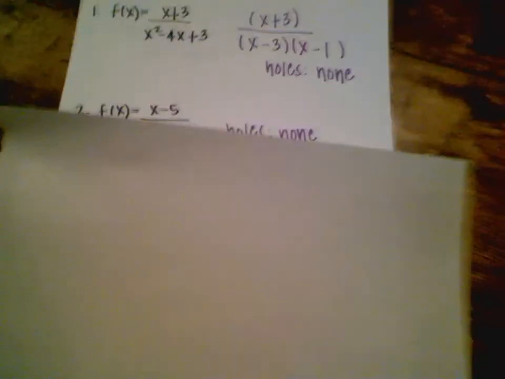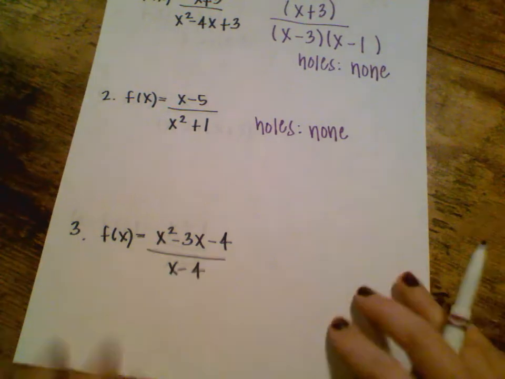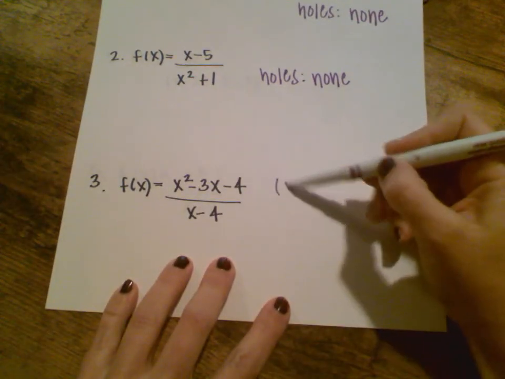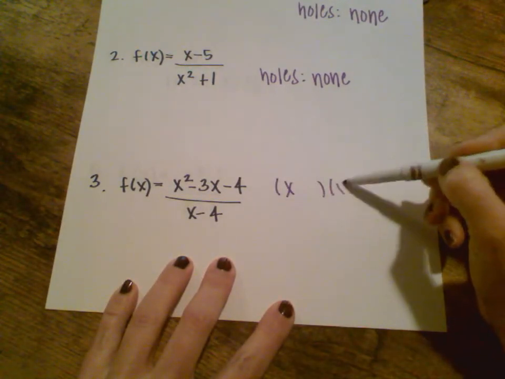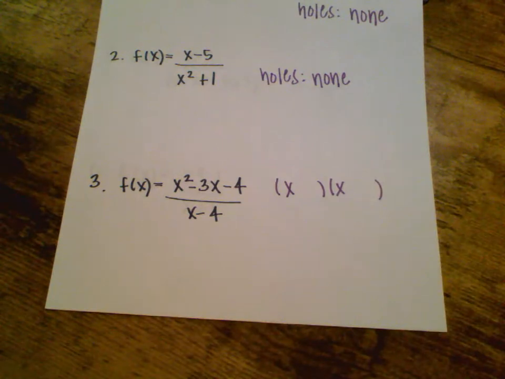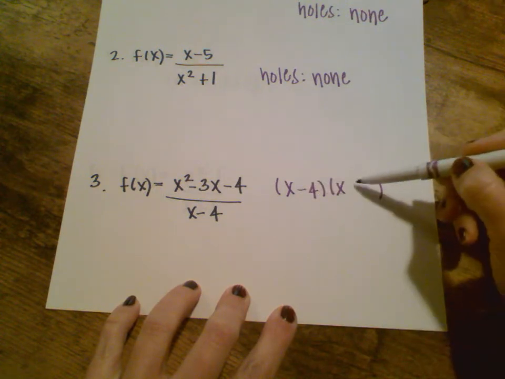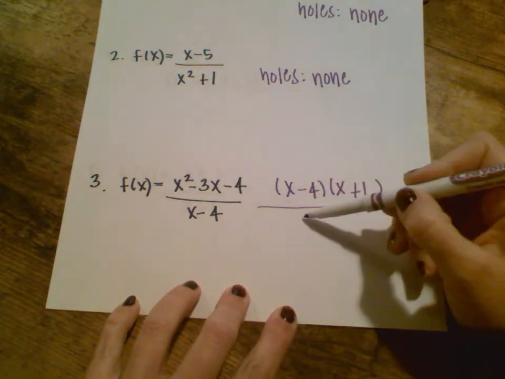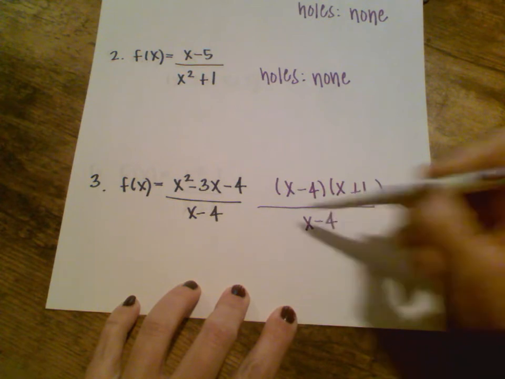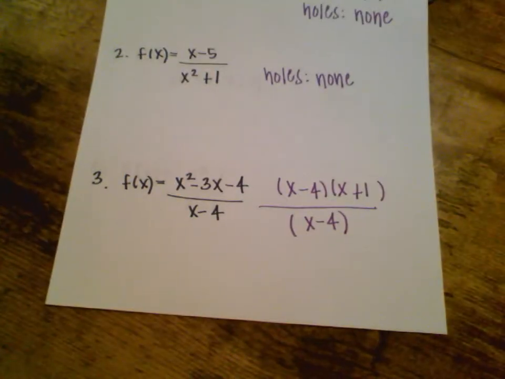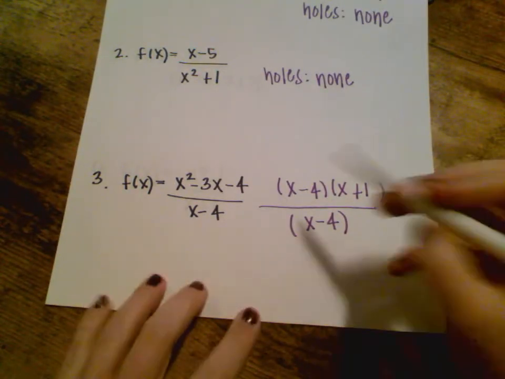We're going to start number 3 by factoring the numerator. It looks like we can use -4 and +1. And now I see x minus 4 is a factor of the numerator and denominator.